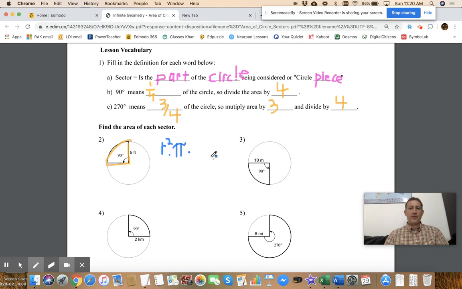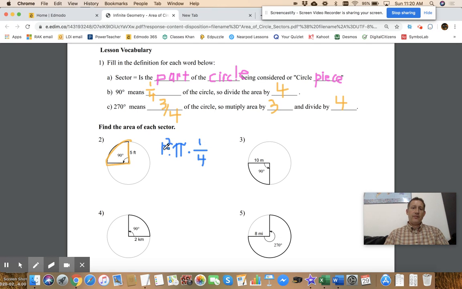You see it's a fourth. We're going to divide it by 4, which is the same thing as multiplying by a fourth. So we're going to take 1/4 of that circle. Remember, dividing and multiplying by the reciprocal are the same thing.